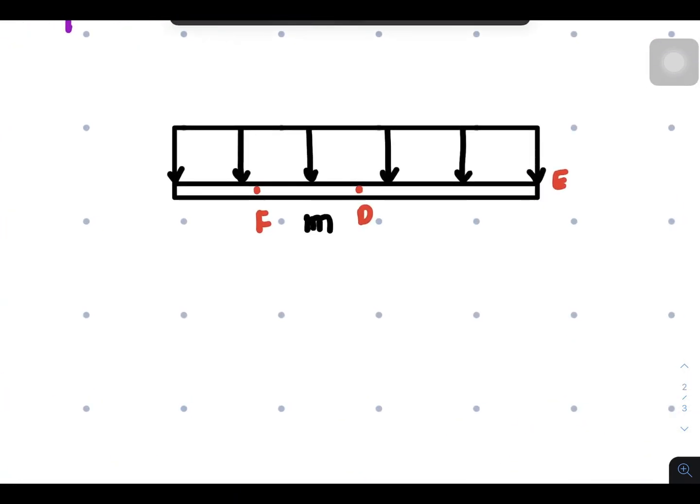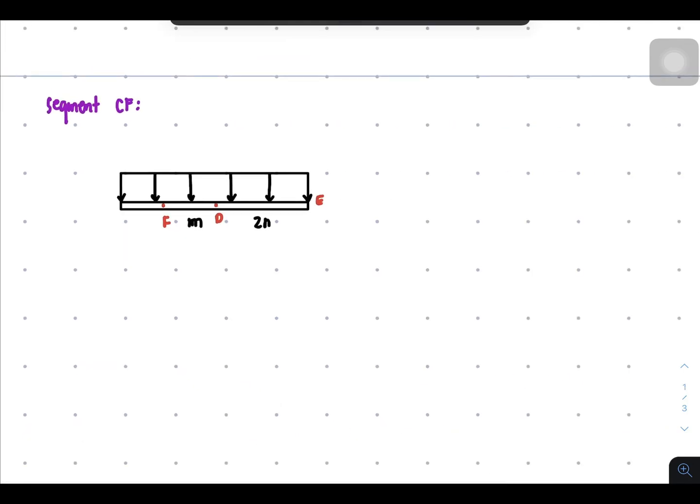This is 1 meter. This is 2 meters. And from the point of cutting towards point F, this is X.